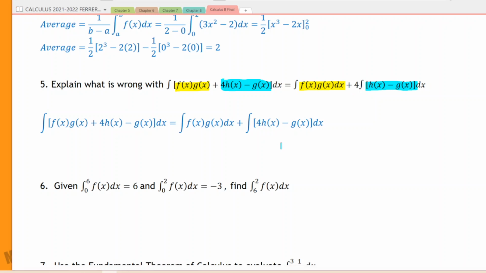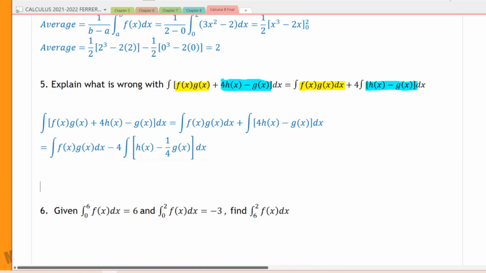One popular way of also simplifying this further, well, popular among calculus teachers anyways, would be to factor out that 4. Now, if you're going to factor out the 4, you're going to need to put a 1/4 here to balance out that factor. So we're missing that 1/4 right over here in front of the g of x. So a couple things could have gone wrong here. The second integral is factored incorrectly.